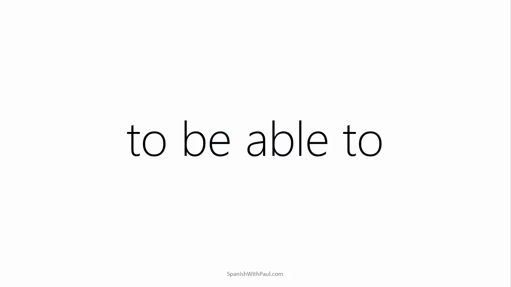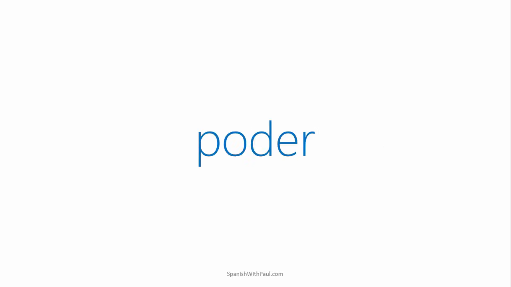There's a very powerful verb in Spanish, which is poder, because it means to be able to. So all of that, to be able to, is contained within poder. And we can combine it with I should.